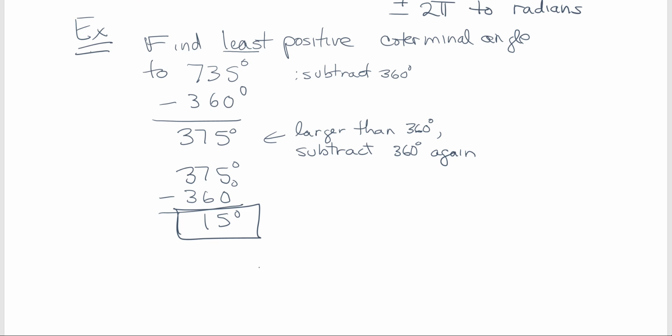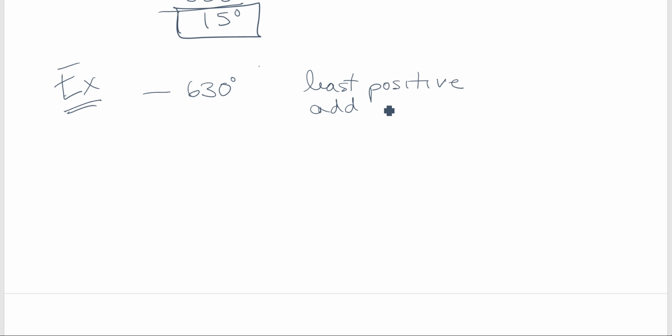Instead, if I want the smallest positive coterminal angle, and this time I start with something like negative 630 degrees for the least positive. This time, because we're starting with a negative angle, we'll add 360 degrees.